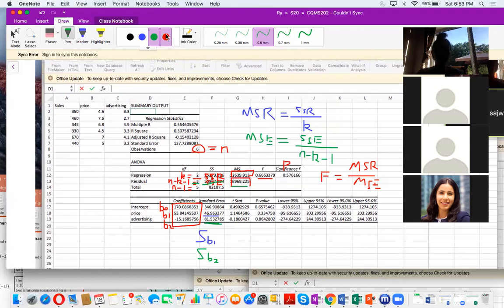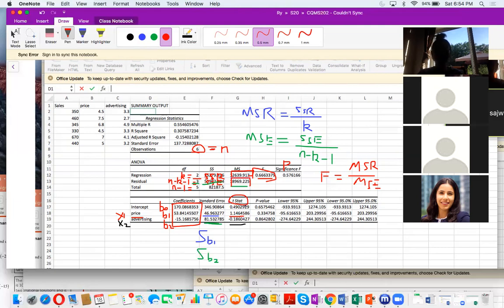And the next is the test statistic. The first one is 1.146. This test statistic is for price. Remember, price is our X1. The next one, negative 0.18, is the test statistic for advertising, X2. If you wonder why we have an F test statistic here and a T test statistic here, what is the difference?